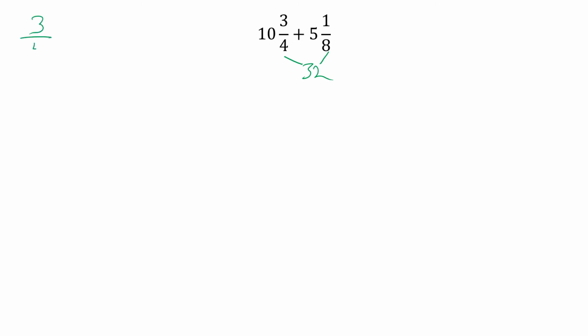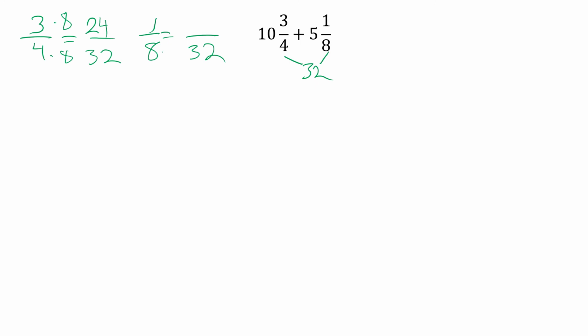So we have 3/4. We want an equivalent fraction with a denominator of 32. We know 4 times 8 equals 32. So we'll multiply the top of our fraction as well by 8 to get 24. And then we have 1/8 that we want as an equivalent fraction with a denominator of 32.